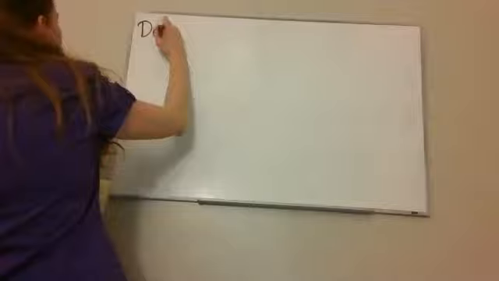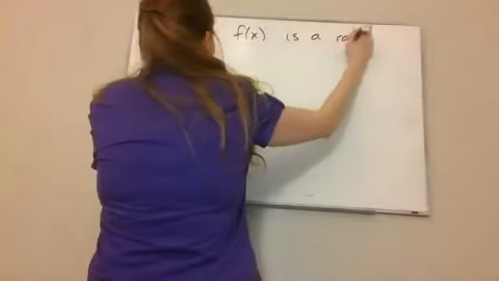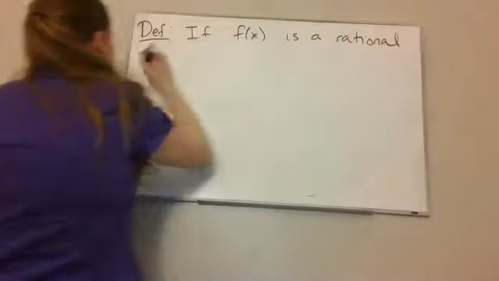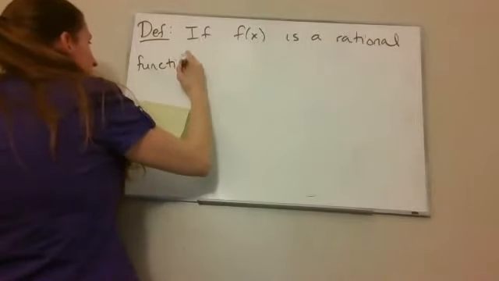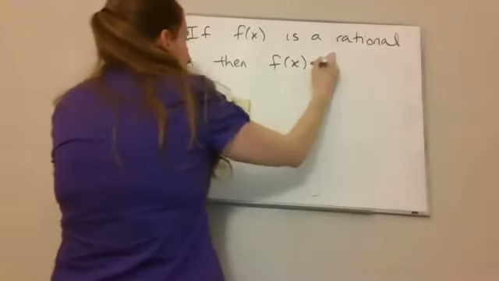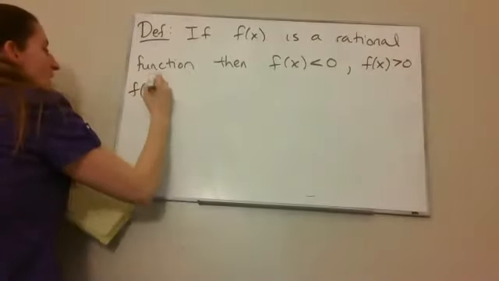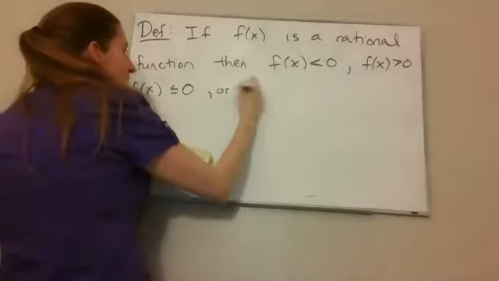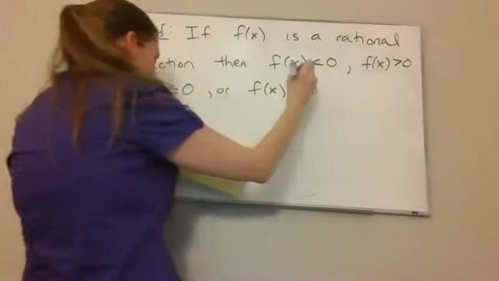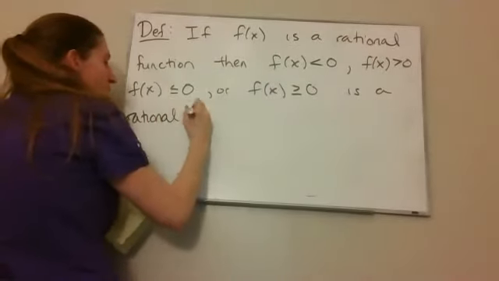But what about rational inequalities? Our definition: if f of x is a rational function, then f of x less than 0, f of x greater than 0, f of x less than or equal to 0, or f of x greater than or equal to 0 is a rational inequality.